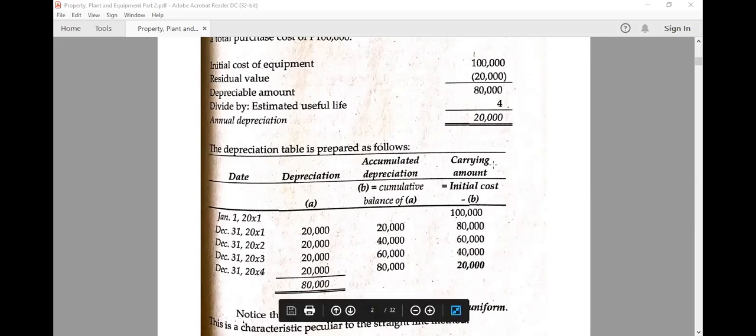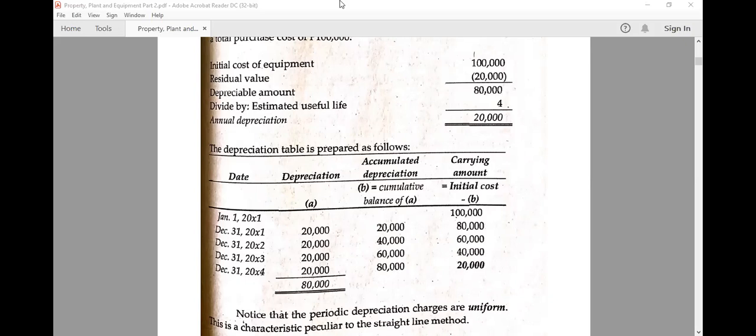For the carrying amount, that would be cost less any accumulated depreciation. Take note, guys, that what is written here is cost, not the depreciable amount. To get the carrying amount, also known as carrying value or book value or net book value, the formula is really cost minus accumulated depreciation and also accumulated impairment losses.